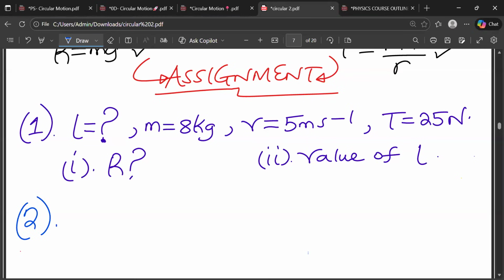Number 2, they're saying a body of mass m kilograms. So this time round, the m wasn't provided, but they said it is m kilograms. Lies on a smooth horizontal surface and is connected to a point O on the surface by a light inelastic string of natural length 50 centimeters. So they gave us natural length 50 centimeters.